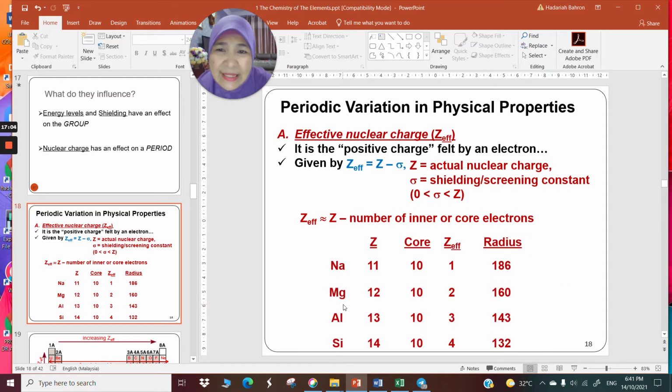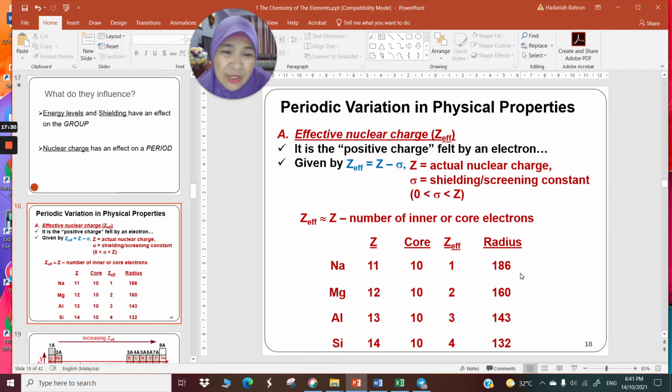Now, look at magnesium. Magnesium has 12 electrons and 12 protons. So the Z is 12, core is 10. So ZEFF, or the effective nuclear charge, is 2. So the higher the effective nuclear charge, the smaller your atom will be.